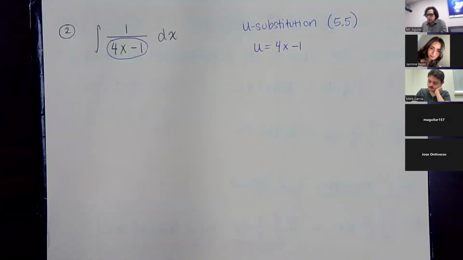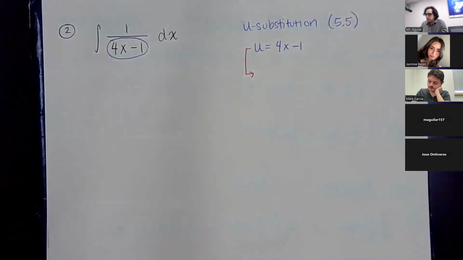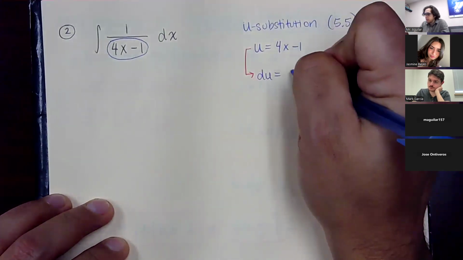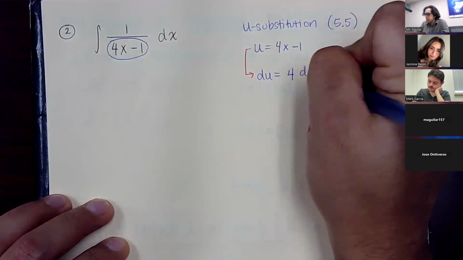So then going through that procedure that we did for U substitution, we will take the derivative of this, which is du equal to, well, that's just going to be 4. The constant turns into 0, and then we'll put dx.